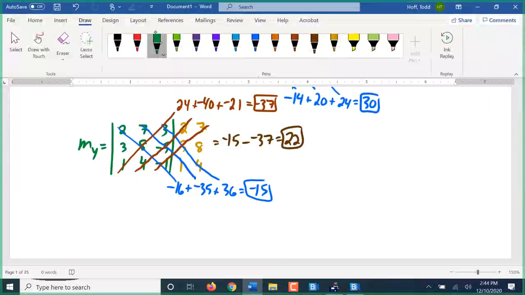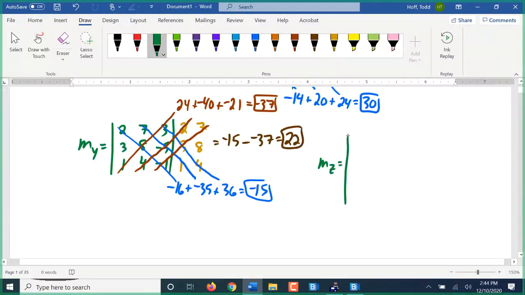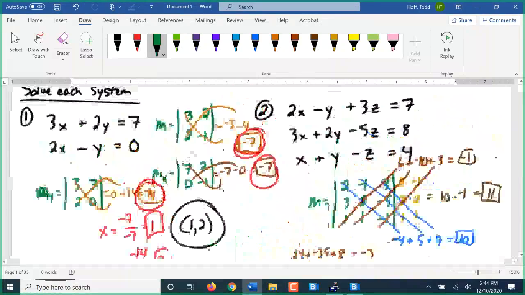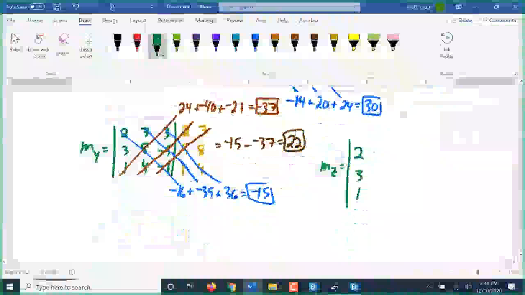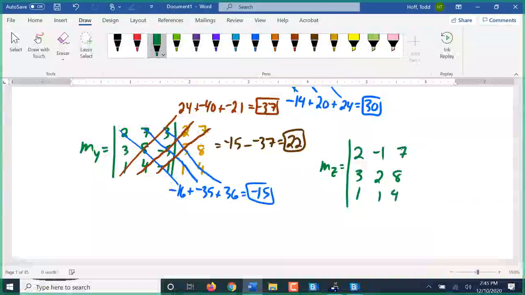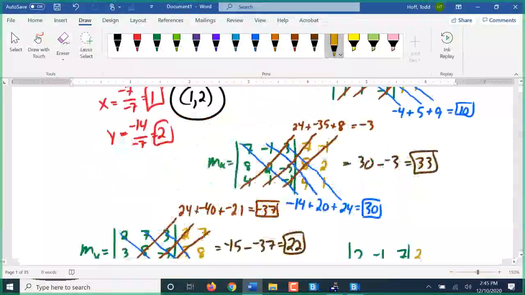And then let's do our Z matrix. We have our X's, 2, 3, 1, our Y's, which were negative 1, 2, 1, and our constants, 7, 8, 4. Recopy the first two columns. I did something backwards there, didn't I?